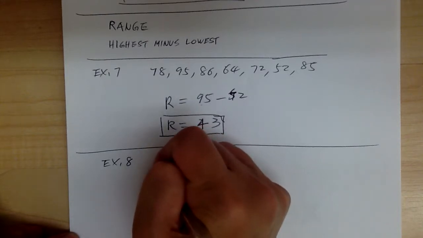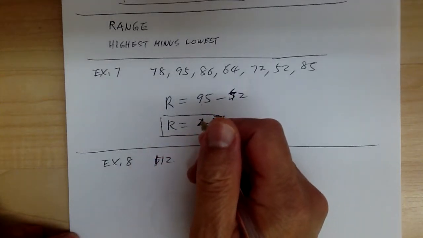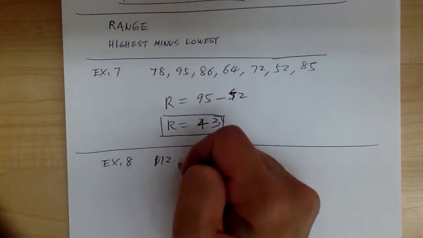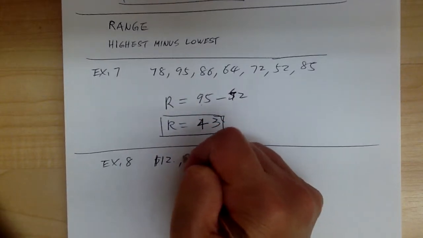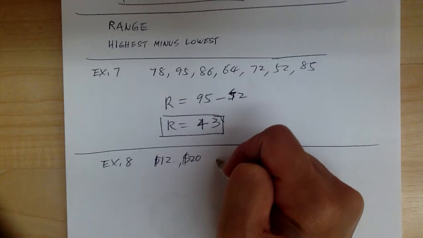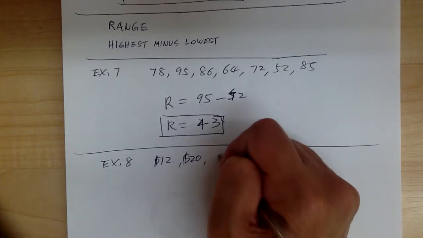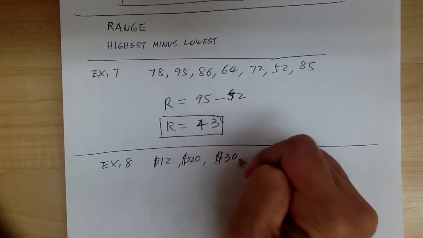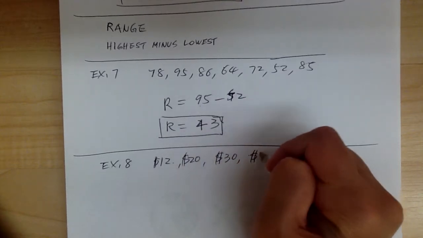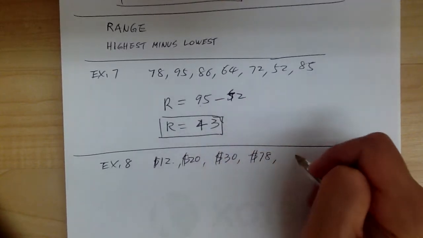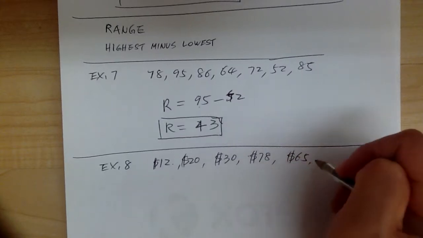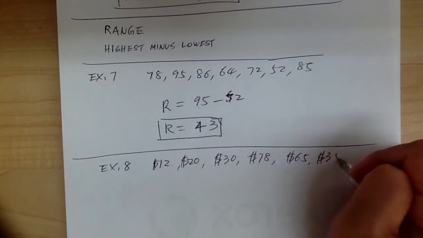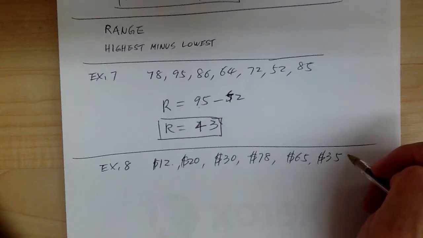So you got $12 in October, and then $20 in November, and then you got $30 in December, and $78 in January, and $65 in February, and $35 in March. Okay, so you're looking for the mean, the median, the mode, and the range of the bills.